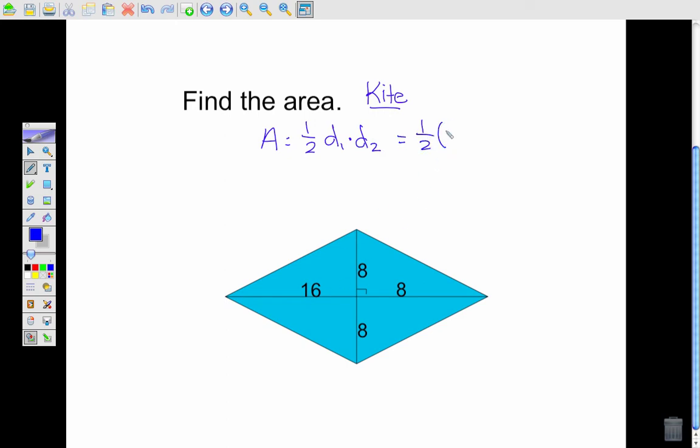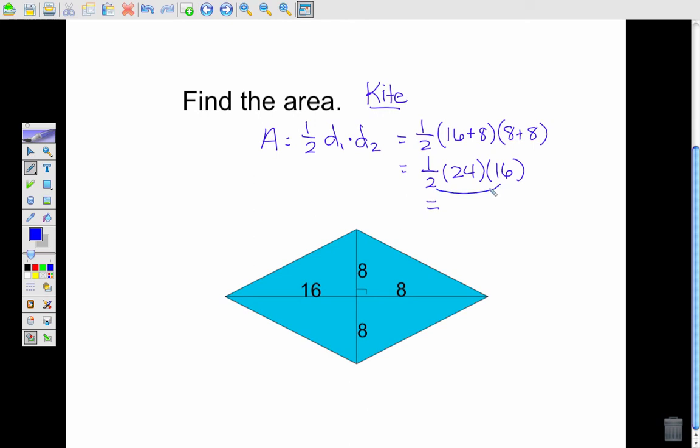So I have 1/2 times diagonal 1, which is 16 plus 8, and diagonal 2, which is 8 plus 8. So I'm going to take 1/2 times 24 times 16, and let's just make this easy. Let's take the 1/2 times 24, and we'll get 12.